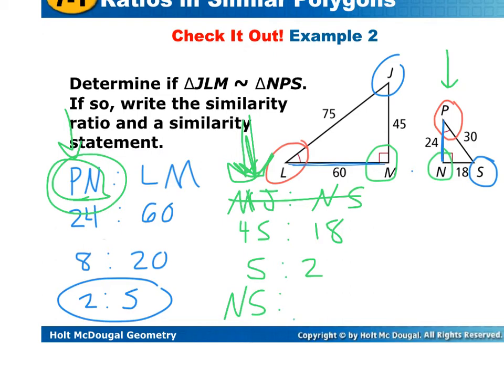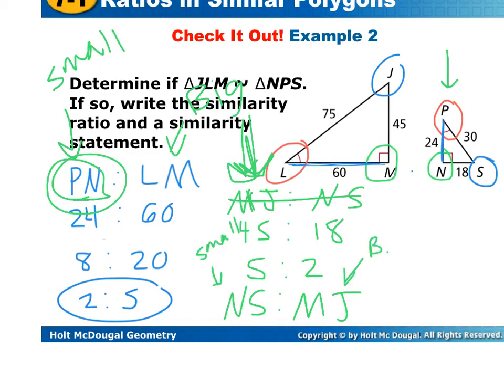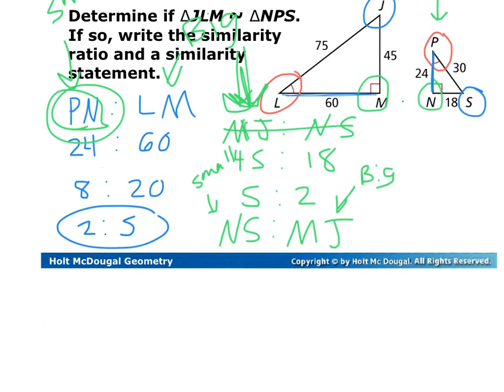NS corresponds to MJ. Since we stated this one from small to big, this one needs to be small to big too. So now we have 18 to 45, which is 2 to 5.